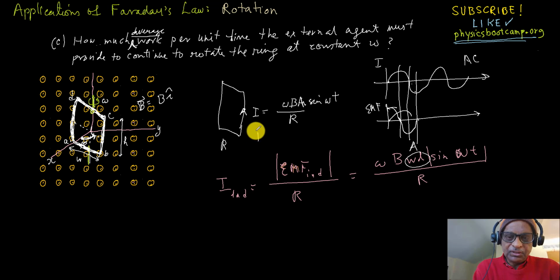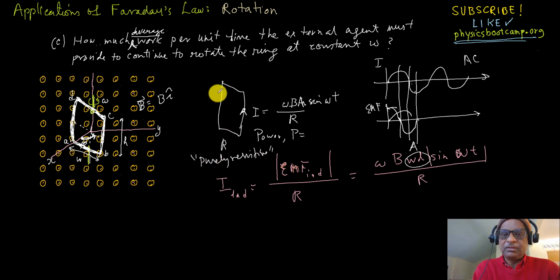So power, you can show that the power P will be, because this is a purely resistive circuit, so we can just not look at whether there's a capacitance here or inductance. Those are there, but we're not looking at them.